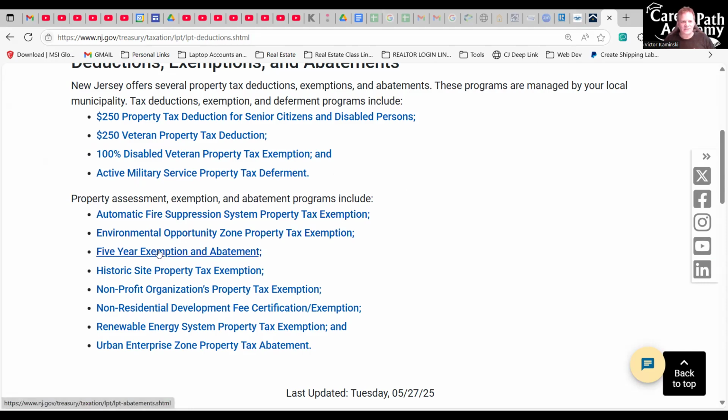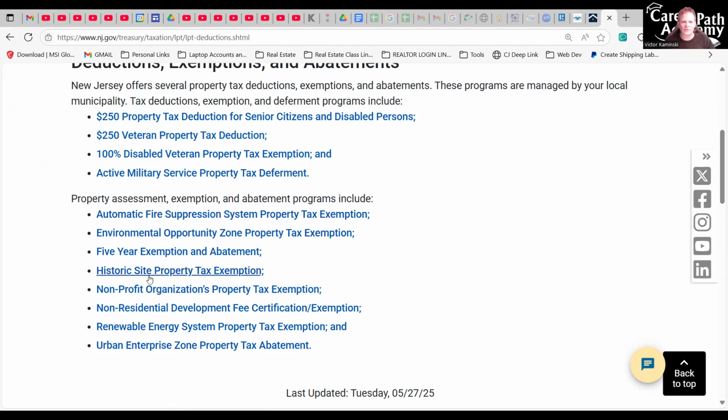Automatic fire suppression systems. These are all kinds of other tax breaks and abatement programs that they have. 5-year exemption and abatement, this is usually for new construction in areas they're trying to build up. Historic site property tax exemptions, nonprofit property tax exemptions, non-residential development fee certificate exemptions, renewable energy breaks, building in urban enterprise zones.